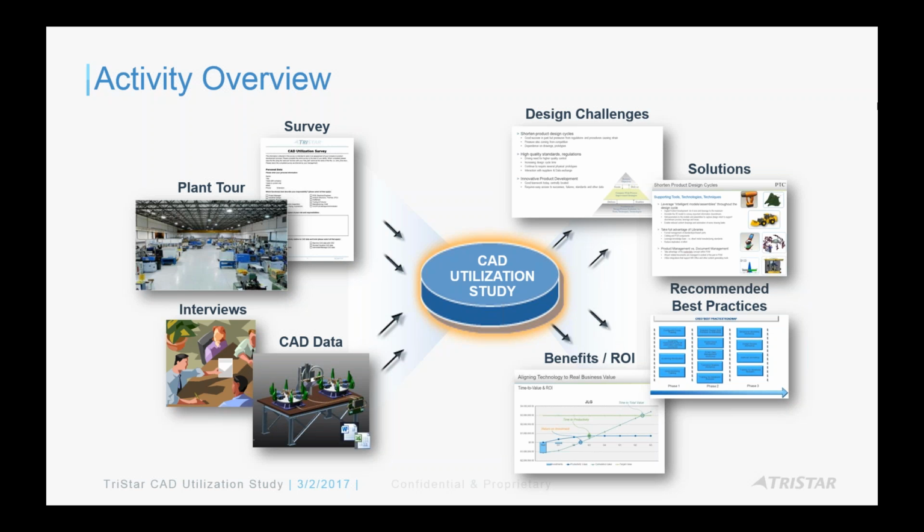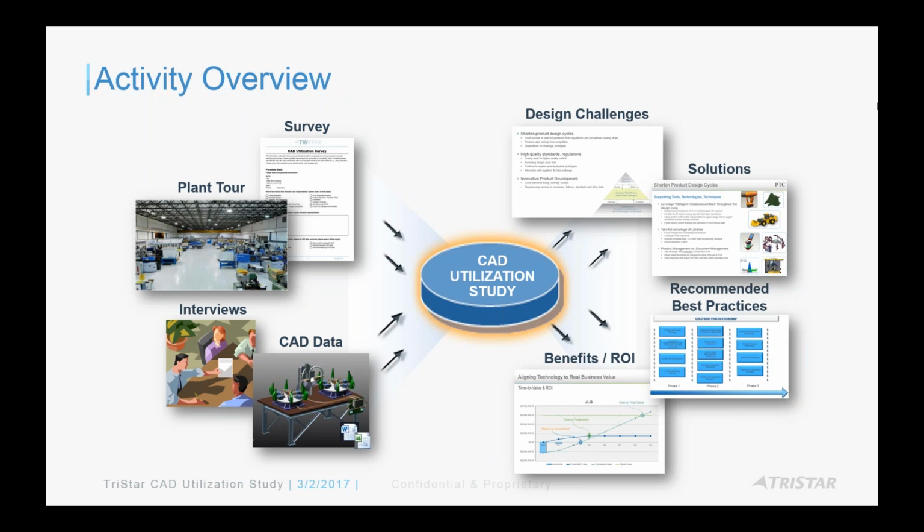The activities of the CAD Utilization Study are first to send out a survey to prospective participants. We'll come on site and like to have a plant tour so that we can see your processes, see your manufacturing facility, and discuss some of your challenges.